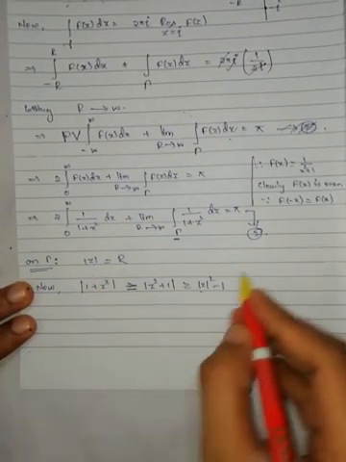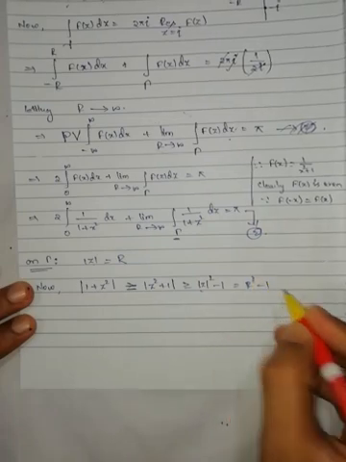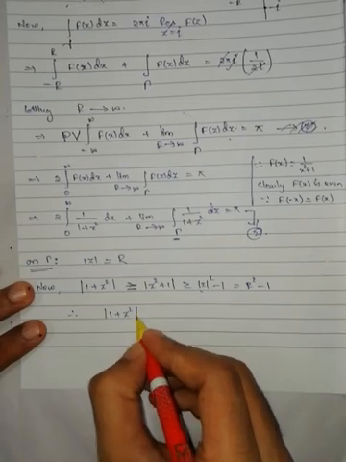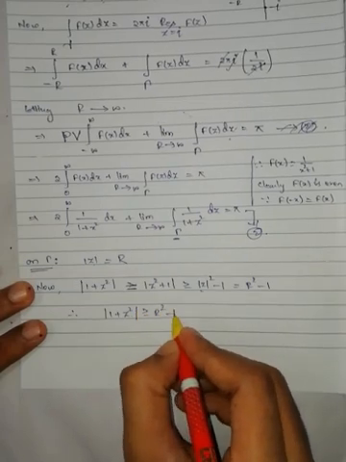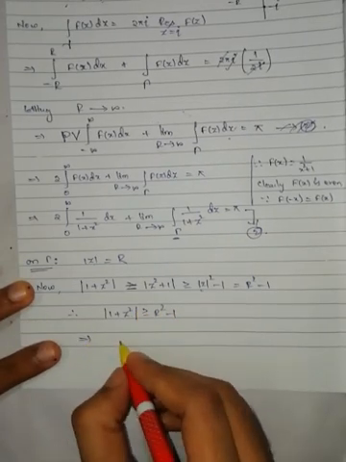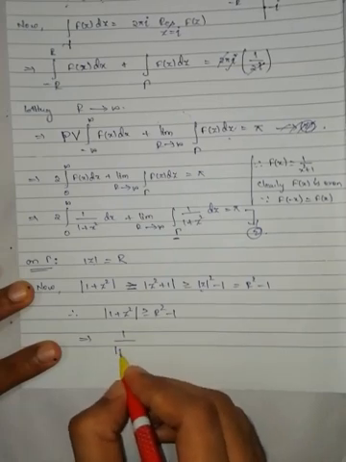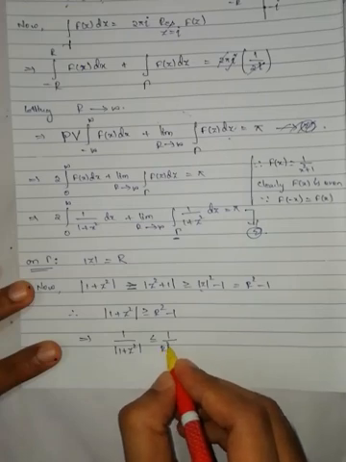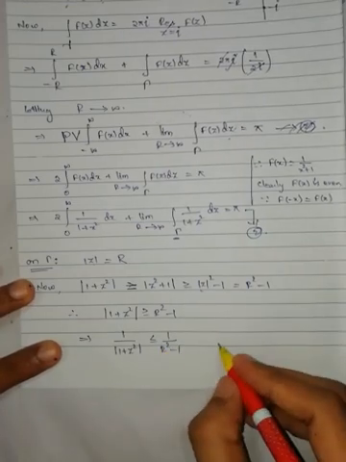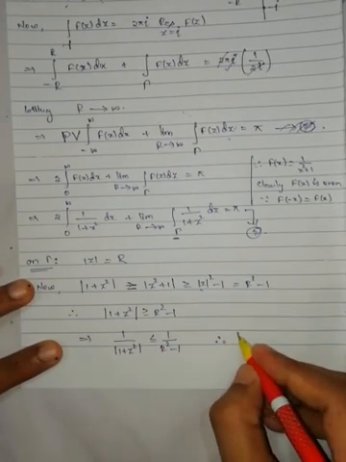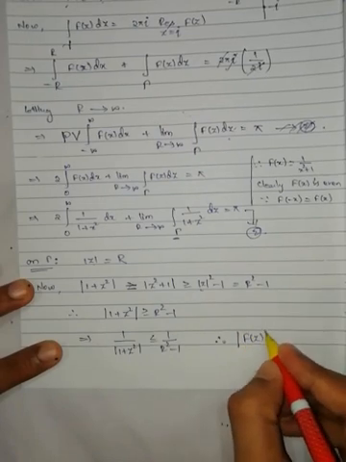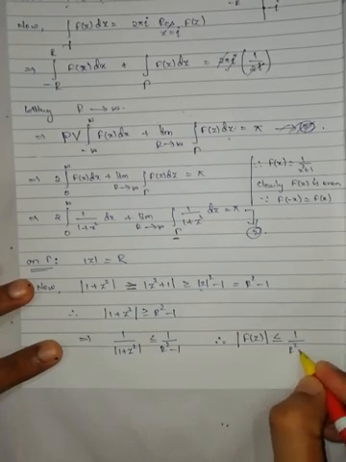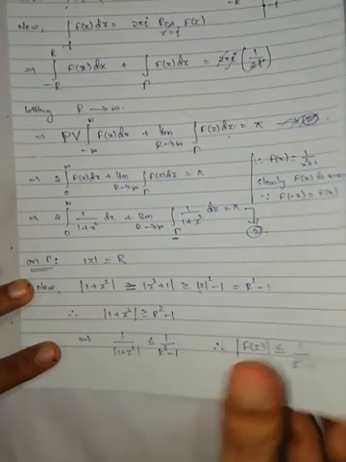Modulus of z is R, so this is R square minus 1. Therefore, modulus of 1 plus z square is greater than or equal to R square minus 1. Taking reciprocals, 1 by modulus of 1 plus z square is less than or equal to 1 by R square minus 1. Therefore, modulus of capital F of z is less than or equal to 1 by R square minus 1.